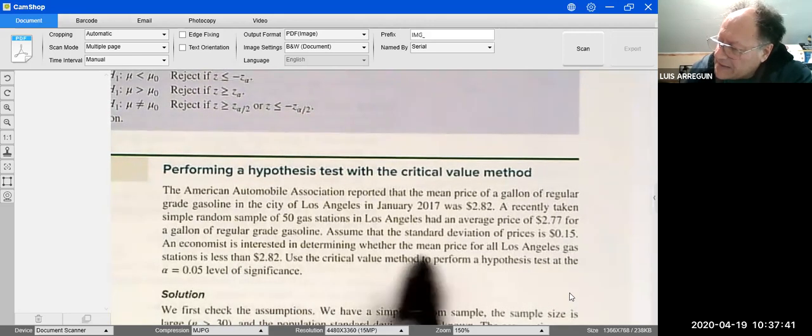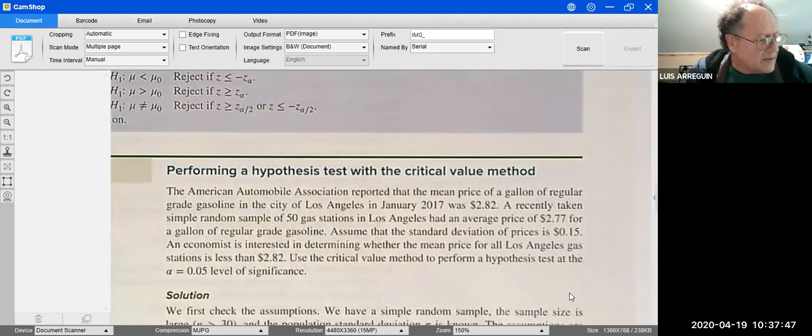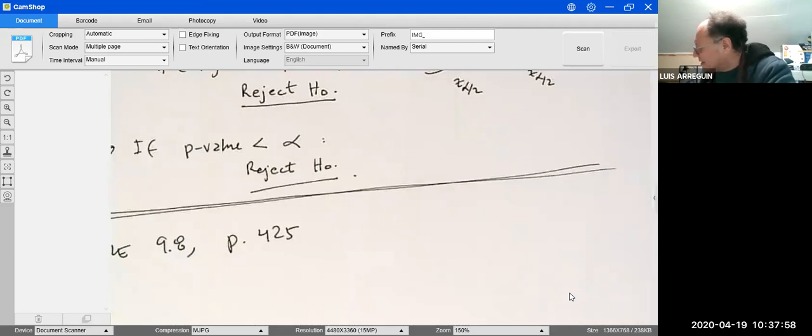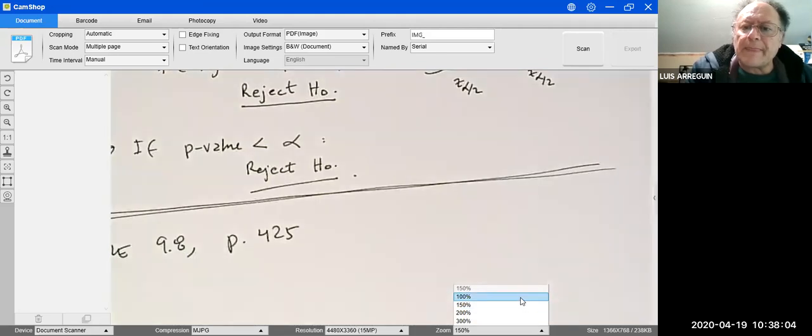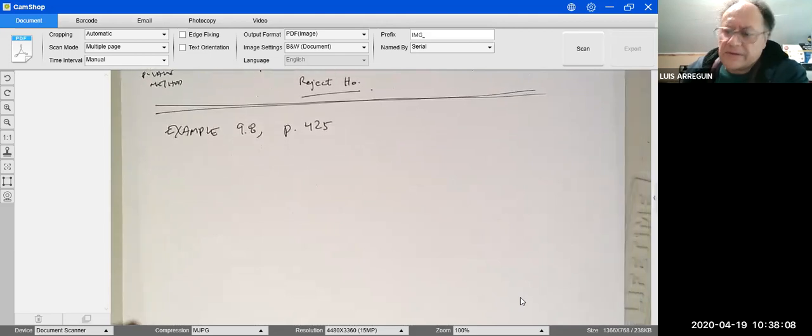So that's the claim. This economist is claiming that the gasoline price in Los Angeles is less than $2.82. So let's write that down, and we're going to start now solving our problem. From this problem, we're going to start with our first step, which is just writing the claim.